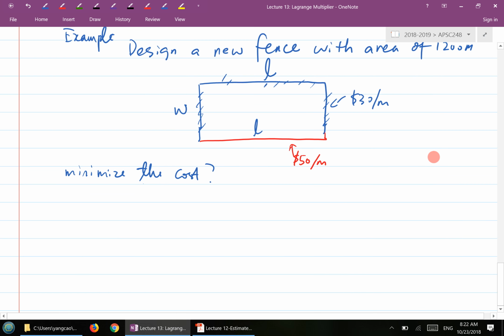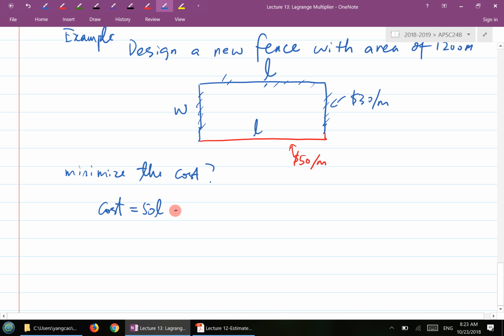So here's how we're going to approach this question. Let's write down how much cost it requires to build this fence. You have 2L here, 2W here, and the cost for each side. So this L is $50, so that's L times 50. This is how much it costs to build this side.